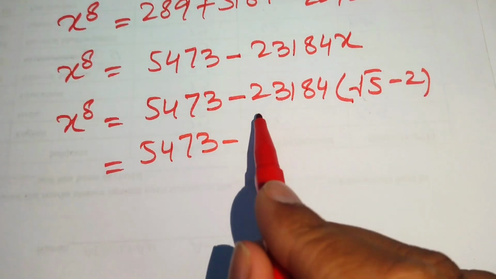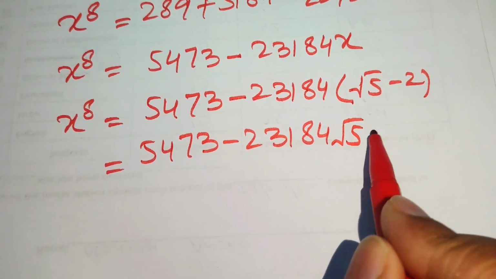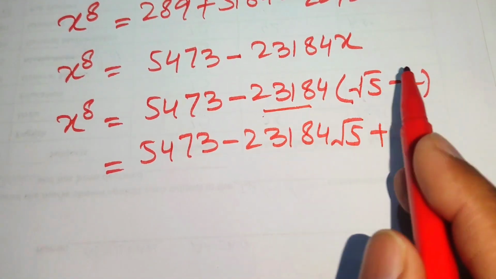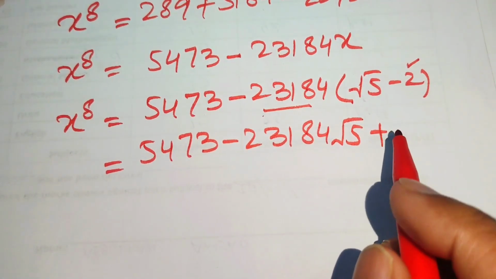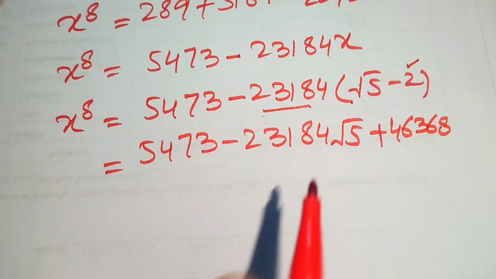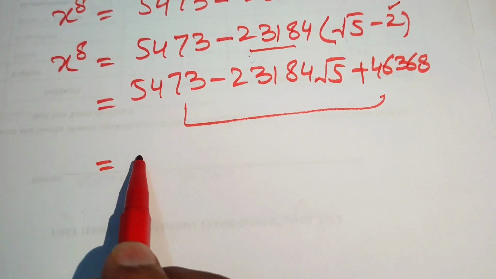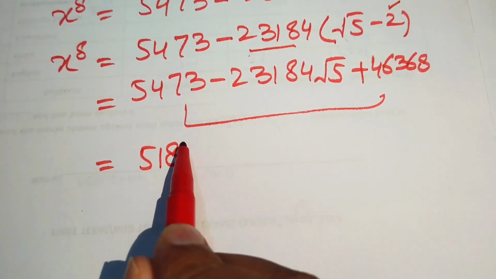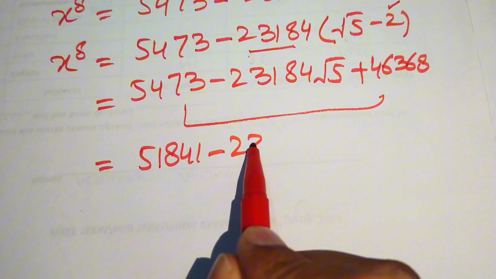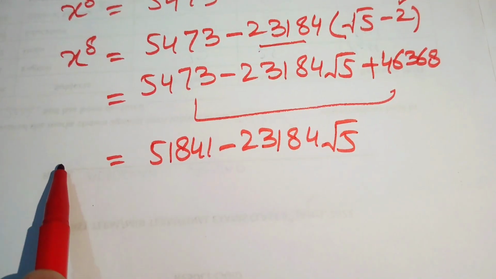And here we need more simplification, and you get 5473 minus 23184 into square root of 5 plus, when you multiply this term with the 2, then you will get 46368. So here we need to add these two terms, then finally you get our answer is 51841 minus 23184 into square root of 5.